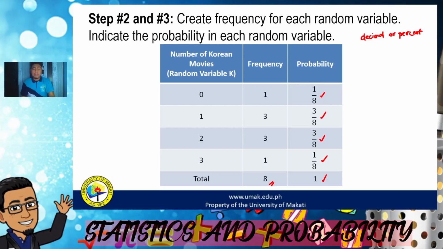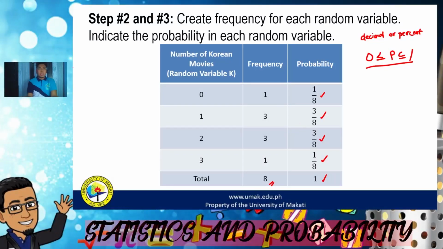The second property: the probability of each random variable is only between 0 and 1. Pwede po siyang mag-0, pwede rin naman siyang mag-1, pero hindi pwedeng bumaba ng 0 at hindi pwedeng tumaas ng 1. So that's two properties. Again, the first one, the total of probability is 1. The second one, the probability of each random variable is only between 0 and 1.